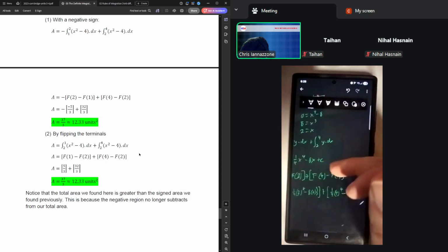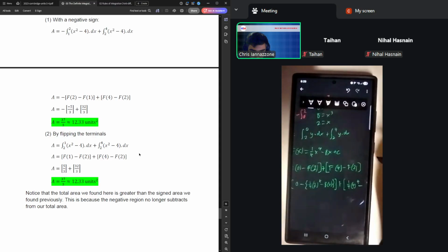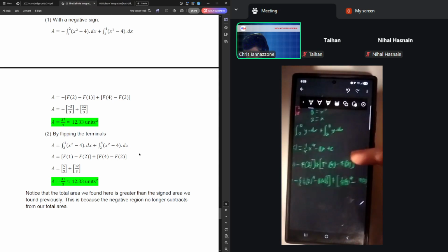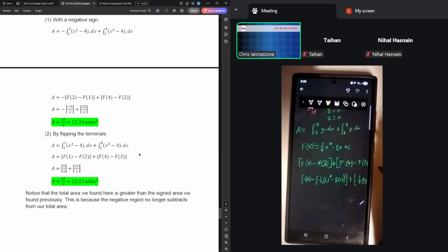So one of the things you can do to save a little bit of time is actually just leave that as capital F of 2. And as long as you don't blend this with that, you can reuse whatever you have here in this spot. That gets pretty risky though, so make sure you're using clear brackets around what's what.